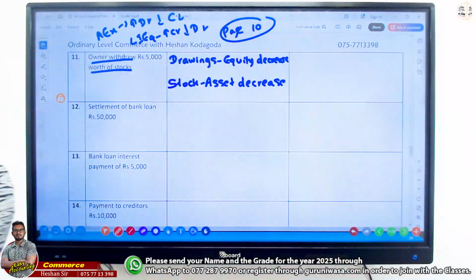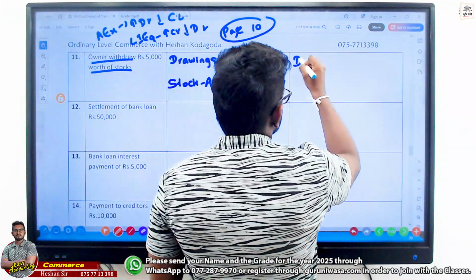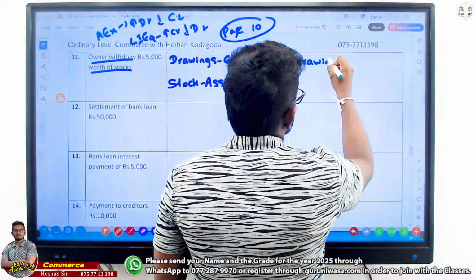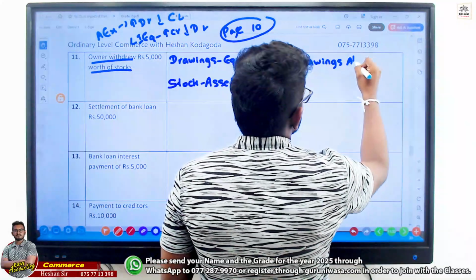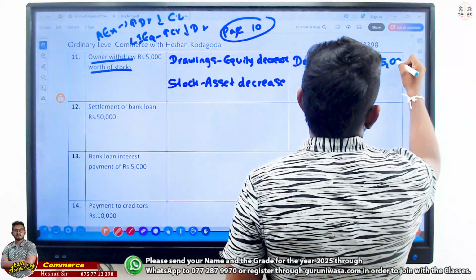Though it's a cash drawing or stocks drawing, I told you, every time the debit entry is drawings account, debit 5,000.